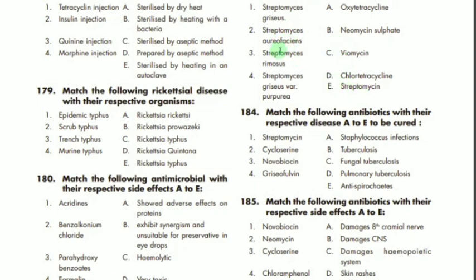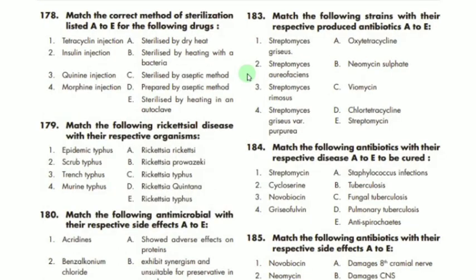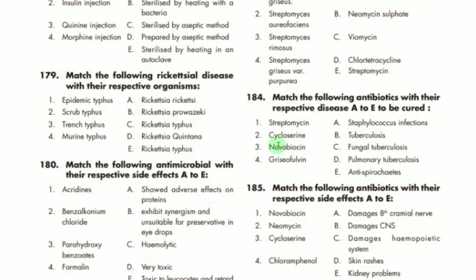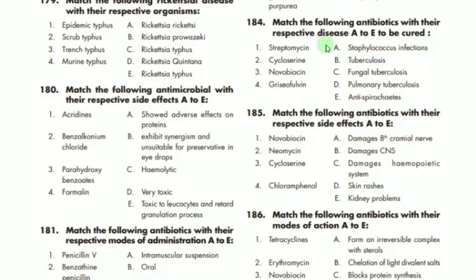Then we have Streptomyces aureofaciens. Streptomyces aureofaciens mostly produces D, chlortetracycline. Then, third, Streptomyces rimosus. Streptomyces rimosus mostly produces oxytetracycline. Then we have Streptomyces griseus var purpurea, number 4. So the correct option is C, viomycin.